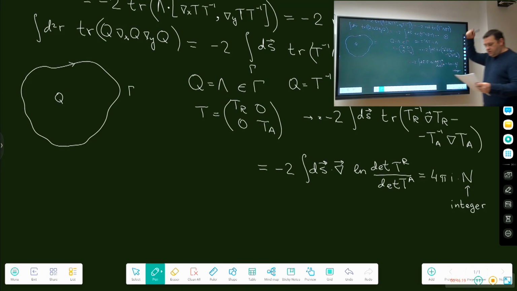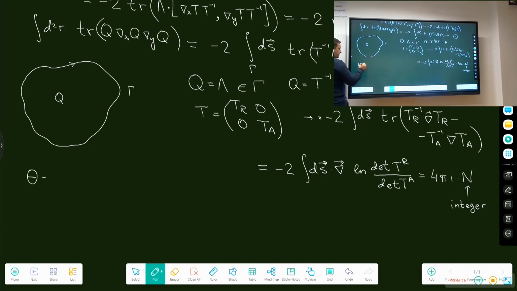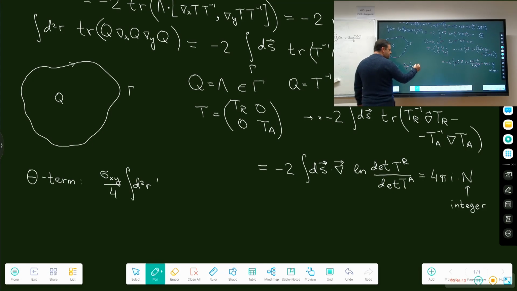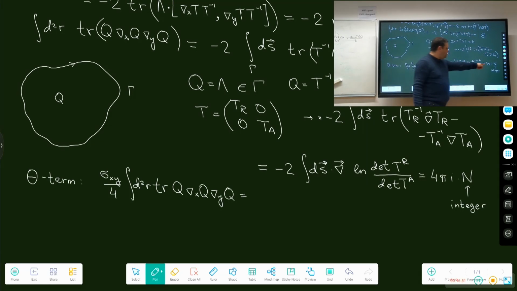So coming all the way back to the action, to the sigma model, the full theta term is sigma xy over 4 times the two-dimensional integral of the trace of Q nabla x Q nabla y Q. We have just proven that this thing is 4 pi i n.